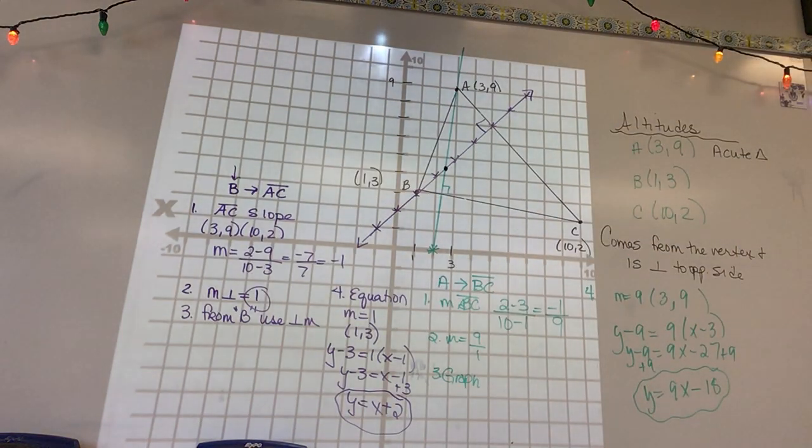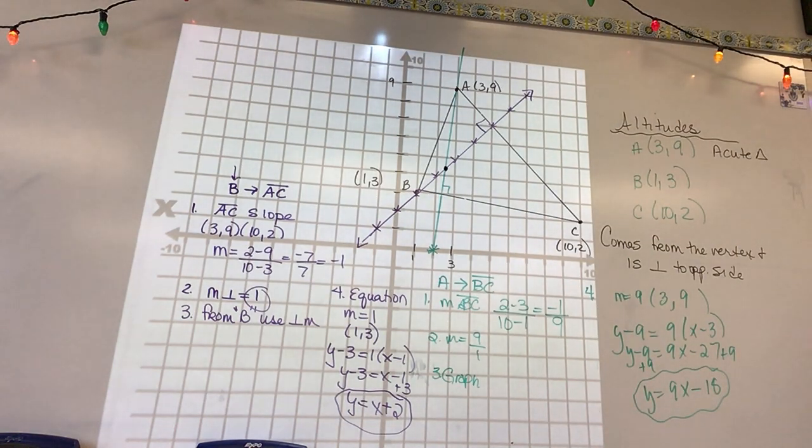So let's see. What 2 equations do I set equal to each other now to find the value? X plus 2 equals 9x minus 18. I'm going to subtract x to get 8x.